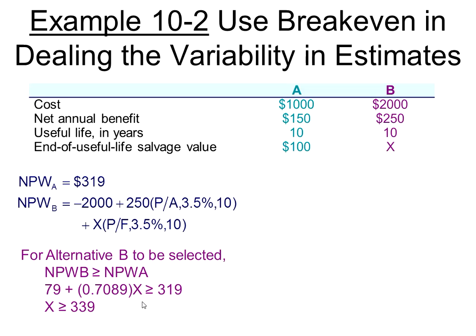Solving for x, we get x should be greater than or equal to 339. So as long as x is more than 339, we'll select alternative B, but if it's less, we would select alternative A.